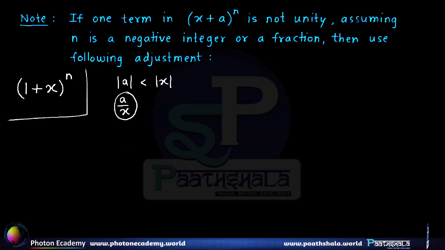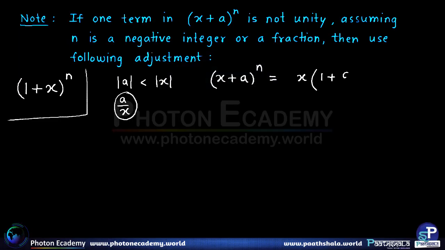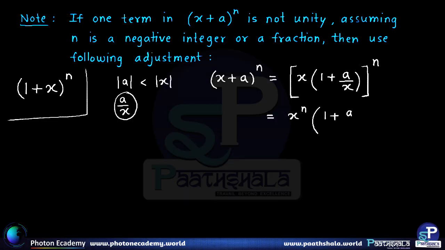So to arrange that, what we do is, say the given expression is (x + a) raised to n. Since we want to adjust a by x, we take x common, and here I have 1 + a/x, and this whole expression raised to n, which gives us x raised to n into (1 + a/x) whole raised to n.